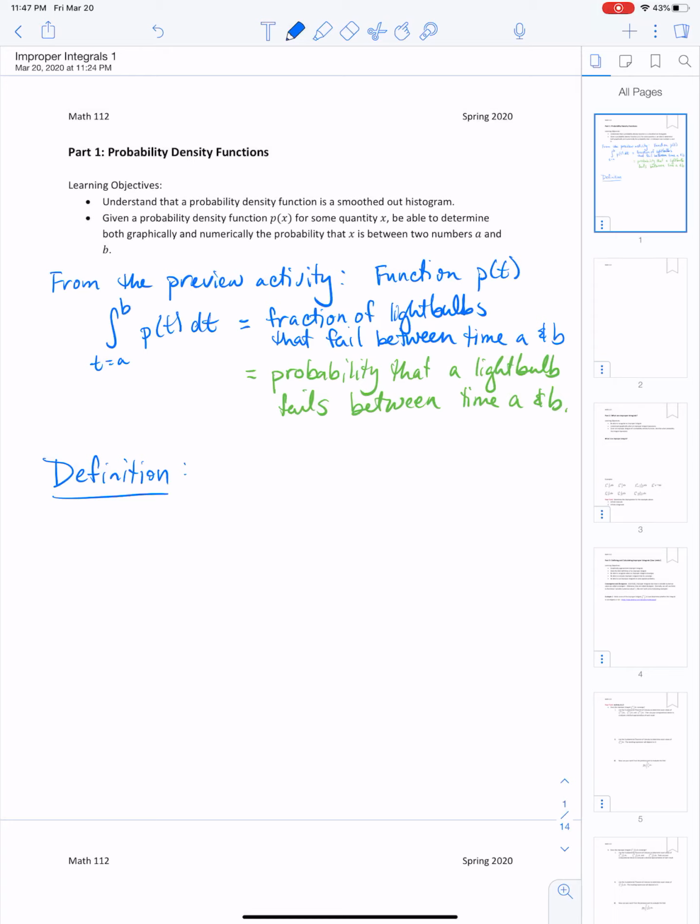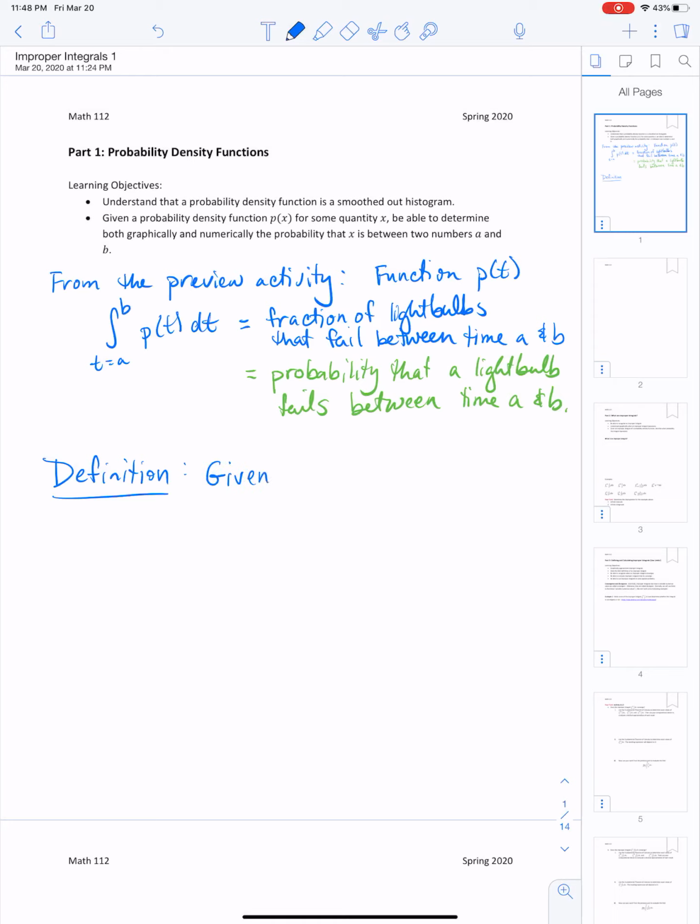And these show up all over the place, particularly in probability, but you use them in a wide variety of applications. And so that's one of the reasons why I wanted to highlight this application of integration here. So here's the definition.